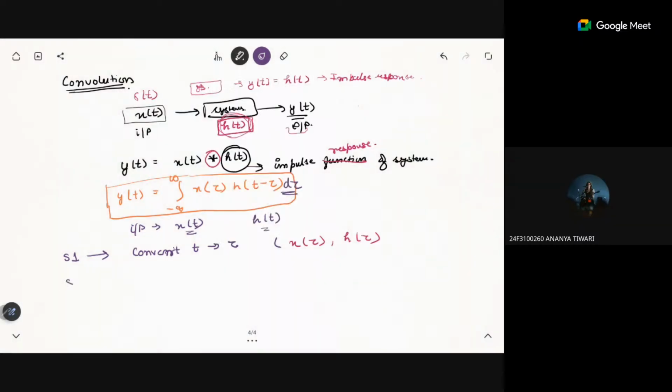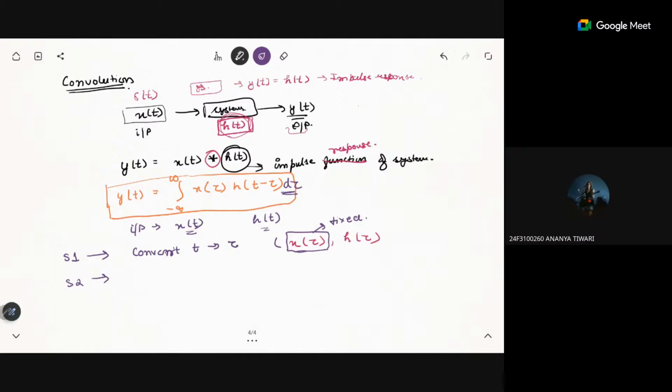Now what will be your step 2? Now we will not do anything to this x of tau. X of tau is masked, which means it's fixed. In the convolution operation, one of the functions is fixed and the other is moved.